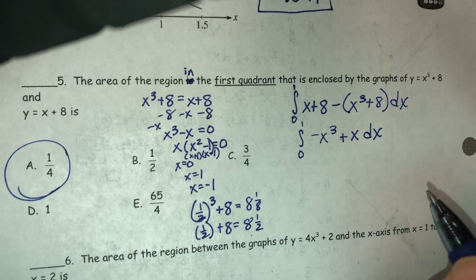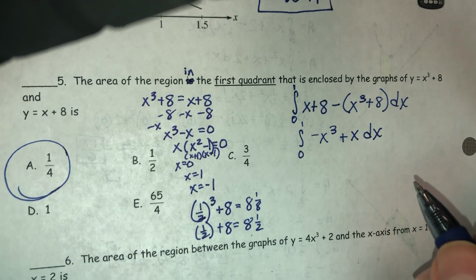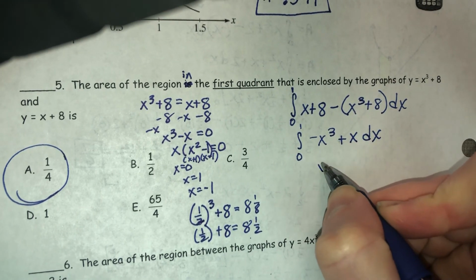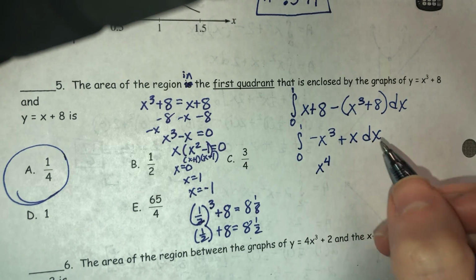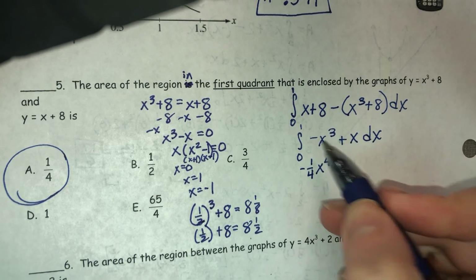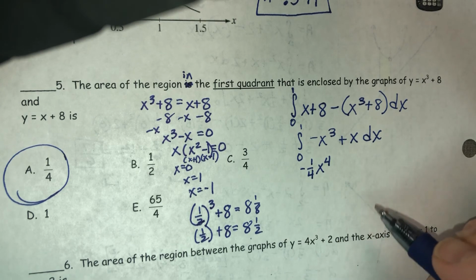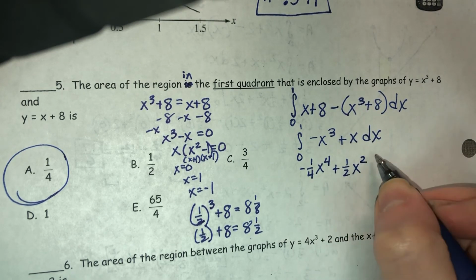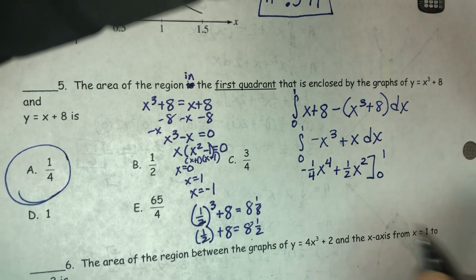That's all we have to integrate right there. If we were to do this one by hand, we would have power rule backwards: add 1 to the power and get x to the 4th, multiply by the reciprocal of that new power, and it multiplies with the negative 1, so it'll be negative 1/4 here, plus 1/2 x squared, evaluated from 0 to 1.